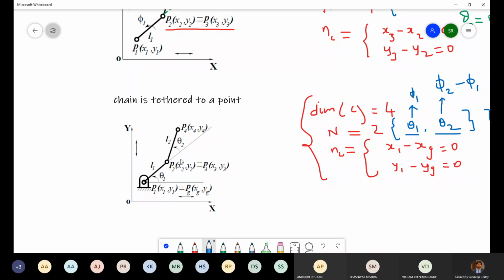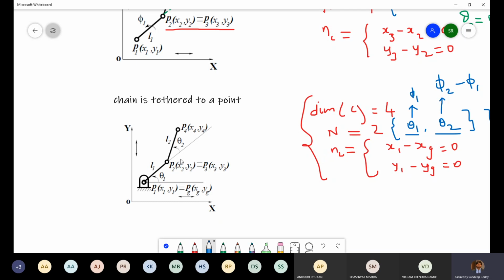So there are certain advantages in using joint angles as the generalized coordinates, independent generalized coordinates, to describe the degrees of freedom of the system, to describe the motion. Because ultimately when you are writing the equations of motion, if you have studied the Lagrangian before, you have to use the independent generalized coordinates.